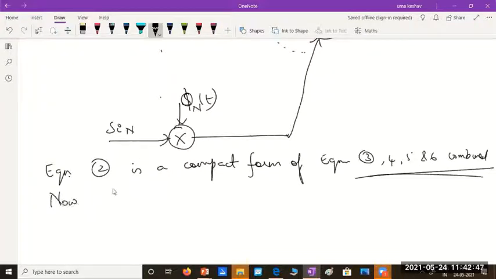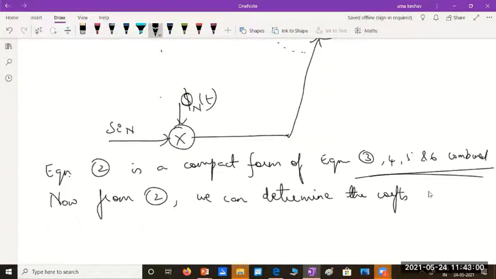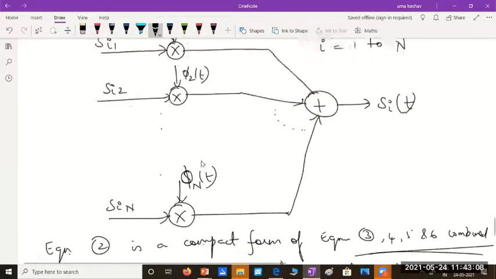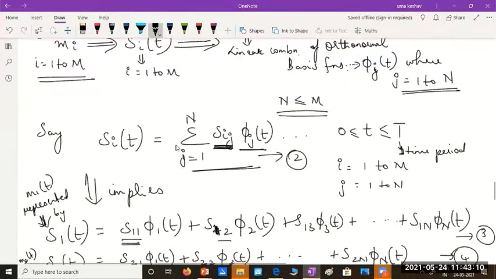Now, from equation 2, we can determine the value of the coefficients Sij as follows. See, what was equation 2? Equation 2 was Si equals summation Sij phi j.